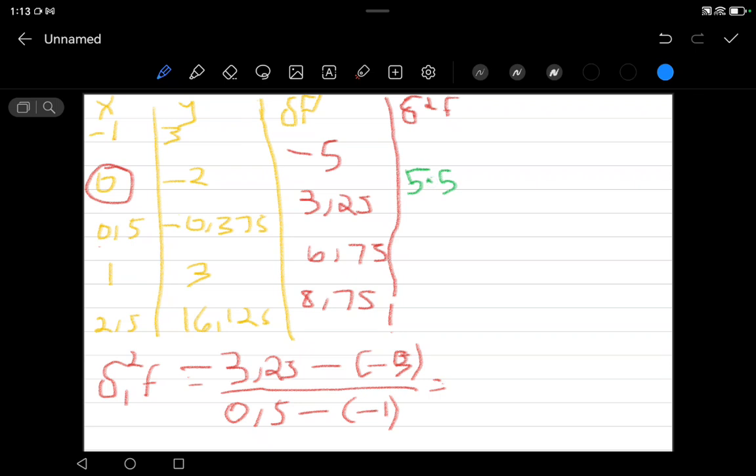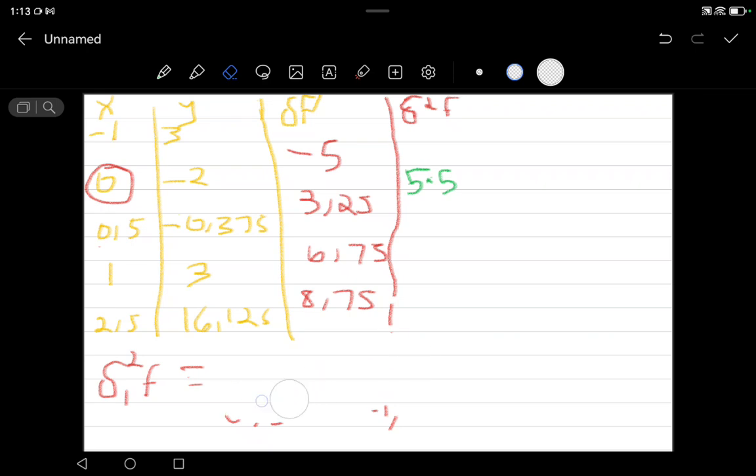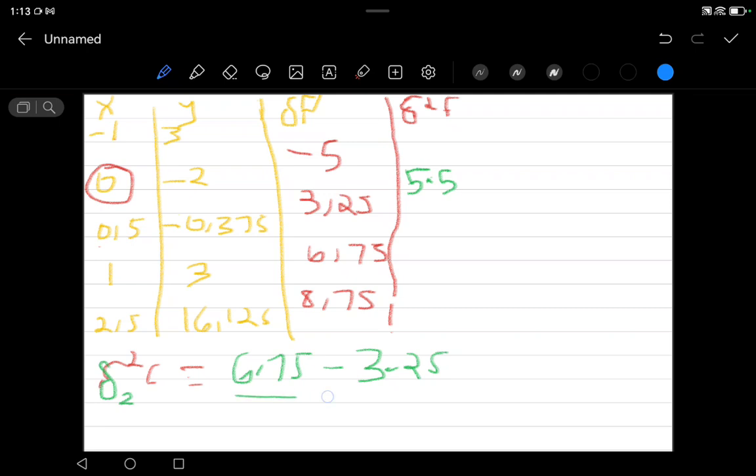Okay, and then the second one, we're going to say 6.75 minus 3.25 over, remember, we're going to skip one value of x, so it's going to be 1 minus 0.5.